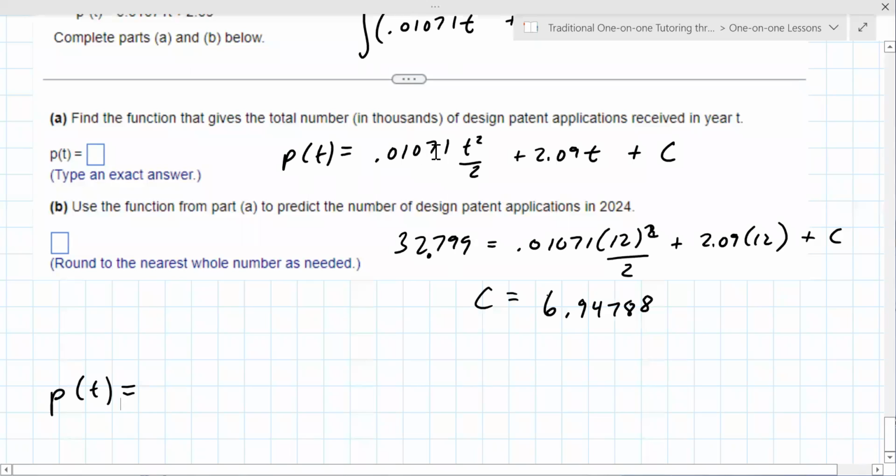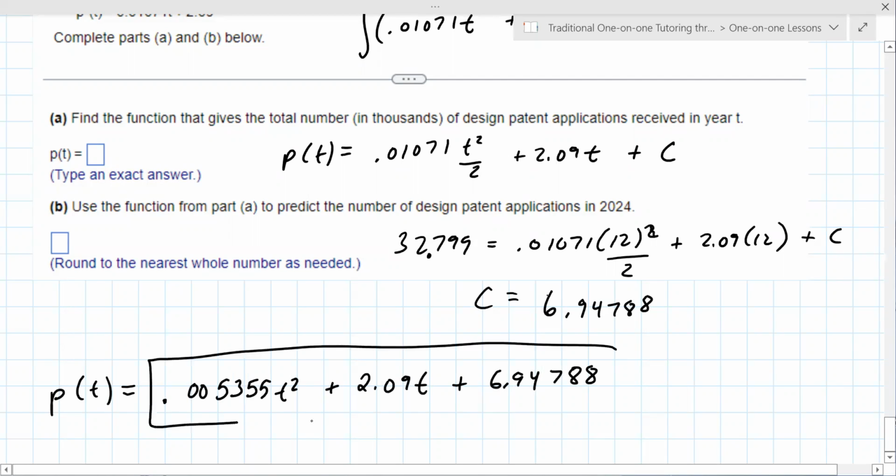So your first box there, your first P of t, we've got to take this 0.01071 divided by 2. So that is 0.005355 t squared plus 2.09 t plus 6.94788. So that's what goes in that first box there.